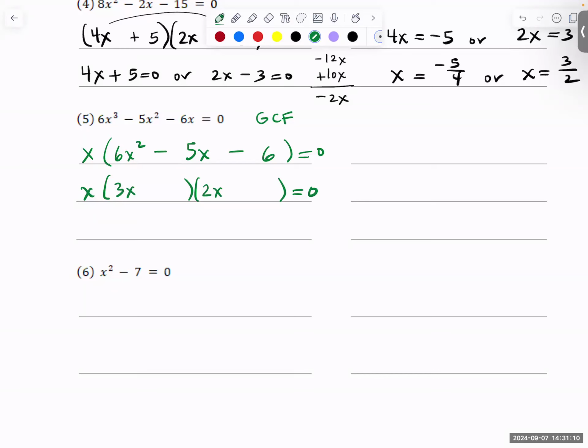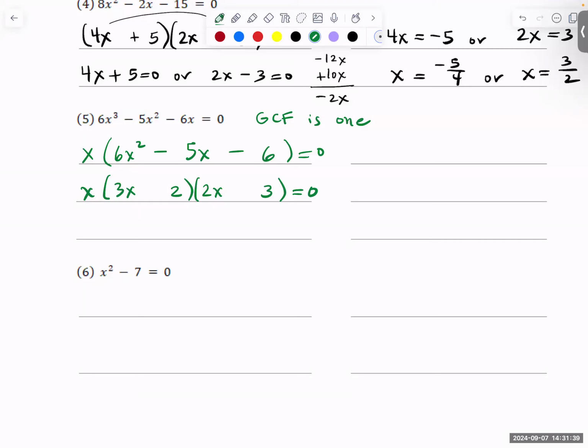And because the greatest common factor is 1, and we don't want a contradiction, when we factor 6, we don't want to go 3 times 2 is 6, because then you'd have a common factor of 3 and a common factor of 2. So that's not going to check, but let's switch those. Let's put 3 on the right and 2 on the left.